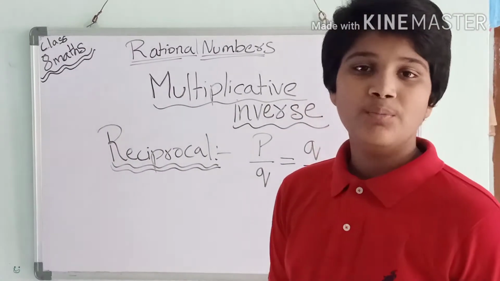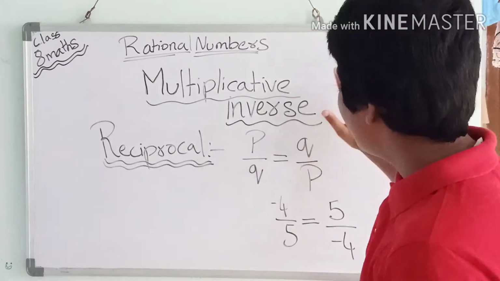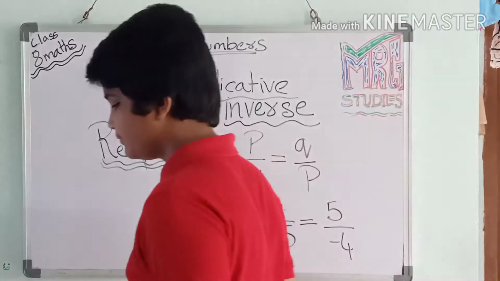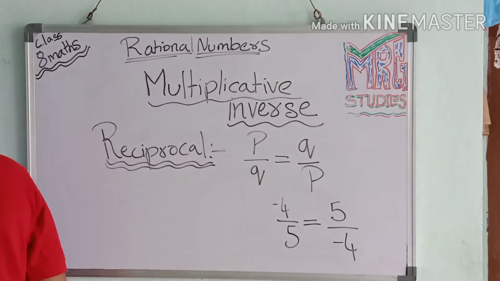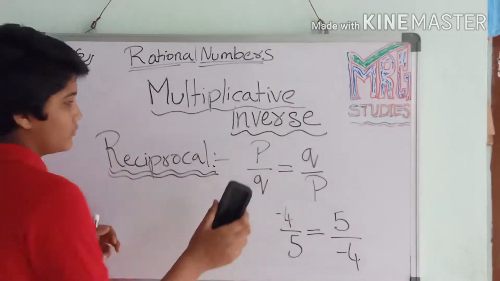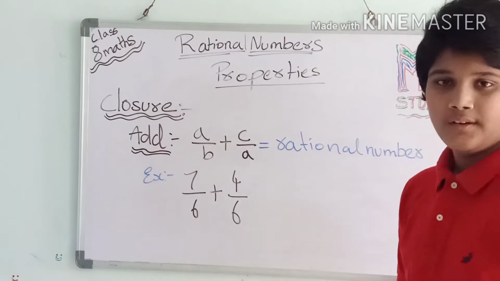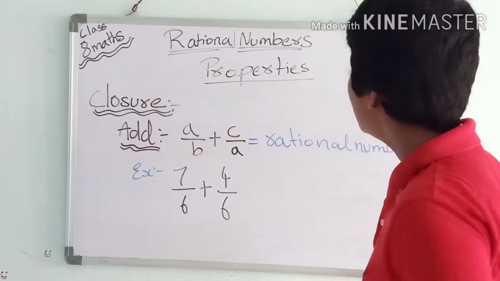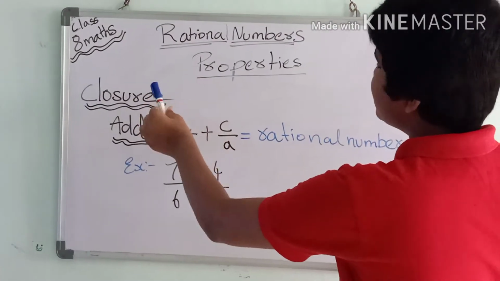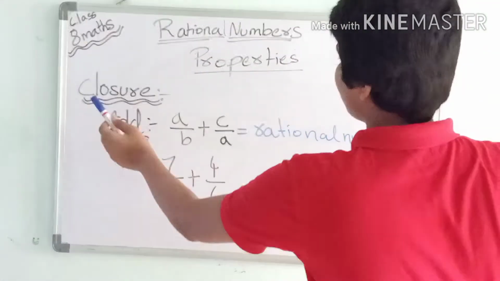Now I will tell you the properties of rational numbers. The first property is the closure property.